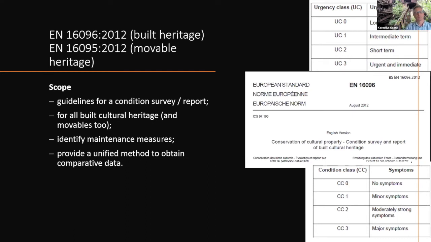The scope of these two standards are guidelines for condition survey reporting. It's constructed or built for all built cultural heritage and movables too, of course, to identify maintenance measure and provide a unified method to obtain comparative data.